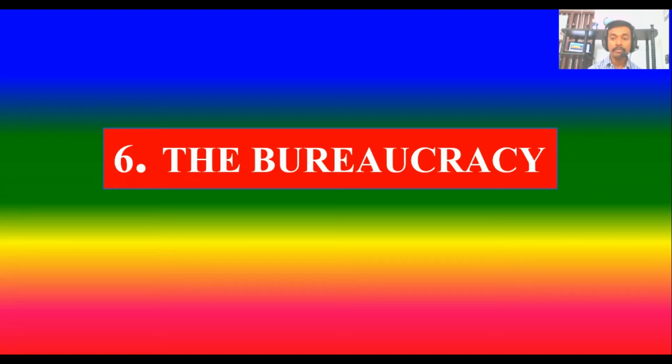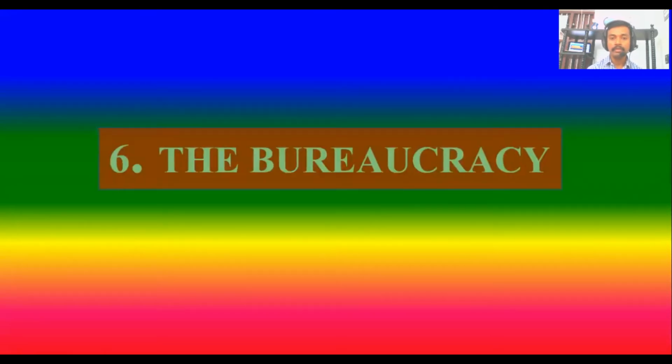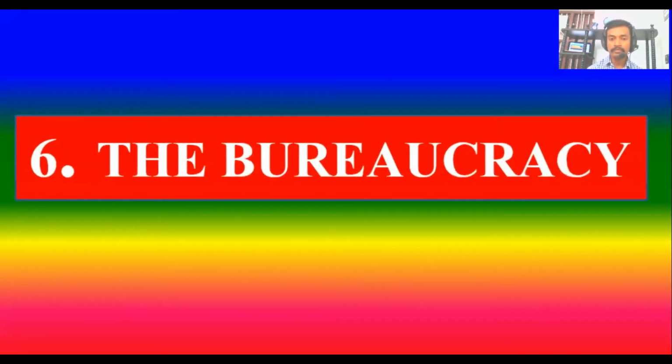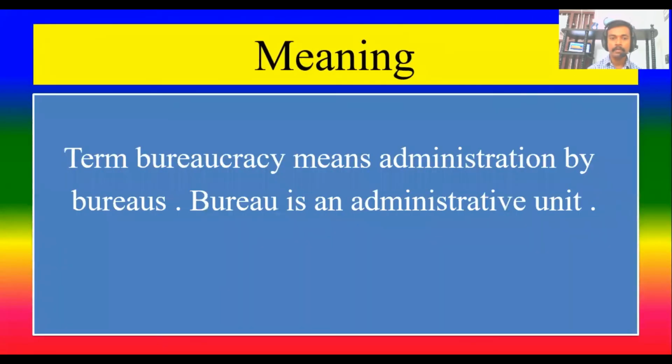Then bureaucracy. What do you think about bureaucracy? Meaning: the term bureaucracy means administered by bureaus. A bureau is an administrative unit. Bureaucracy means a unit of power to govern the society systematically.